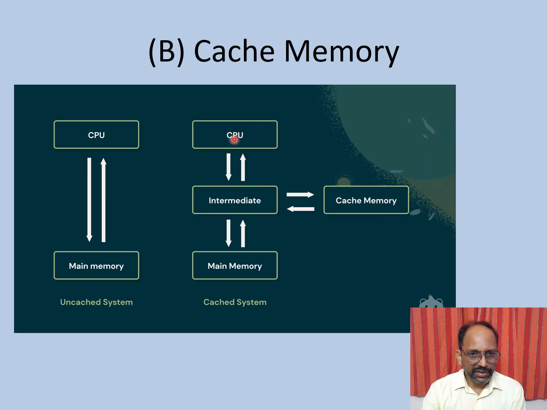Like this, after many data items are used by the CPU and processed, if it wants the same data which was already used, the CPU doesn't go to the main memory, it goes to the cache memory.